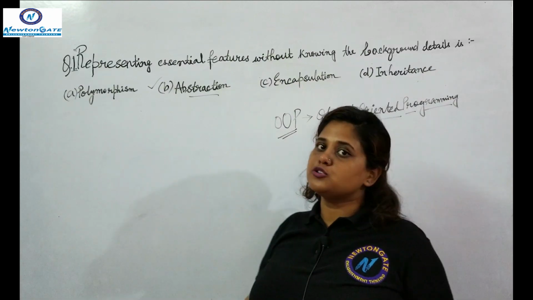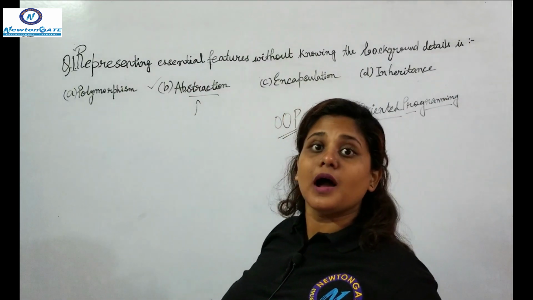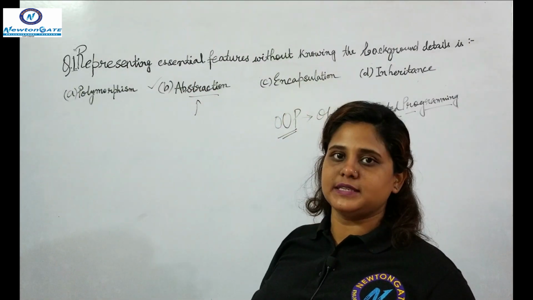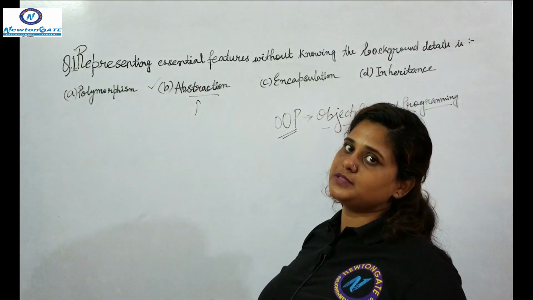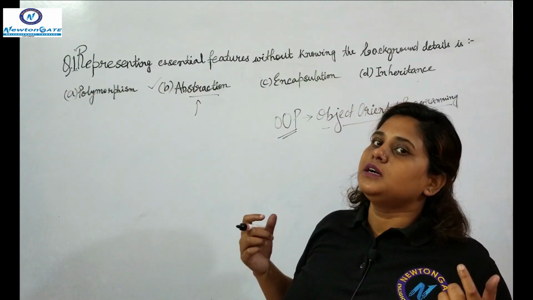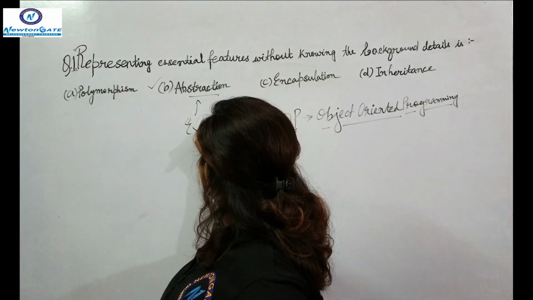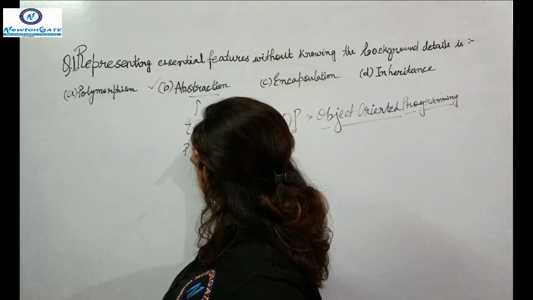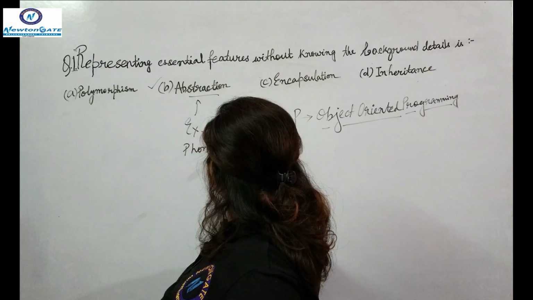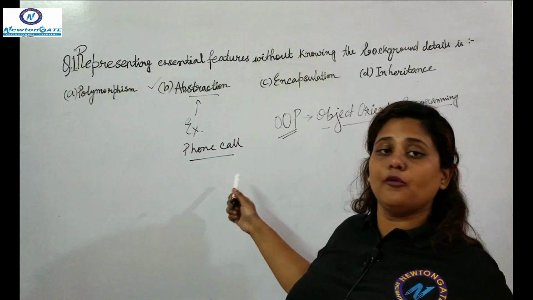In abstraction, what do we generally do? We generally tend to hide all unnecessary details and tend to showcase all the necessary information for a particular code. For example, a real life example can be a phone call.